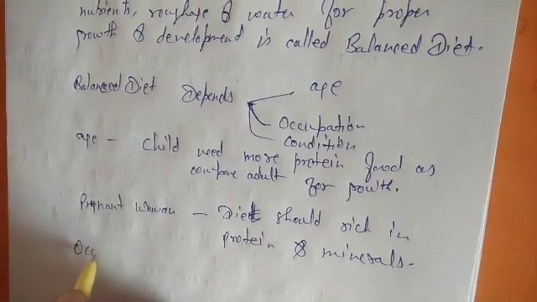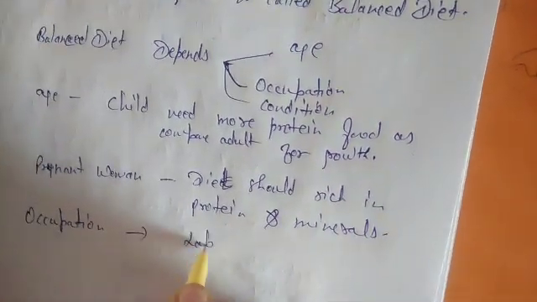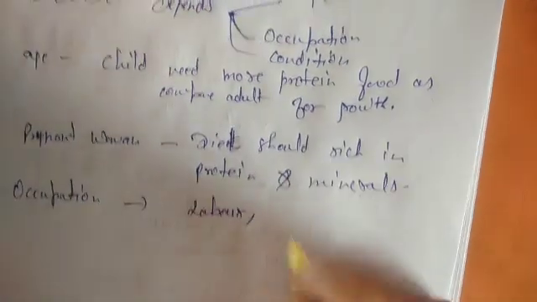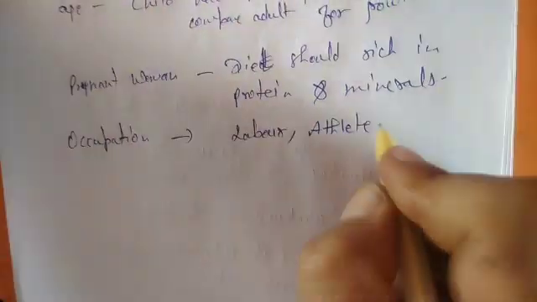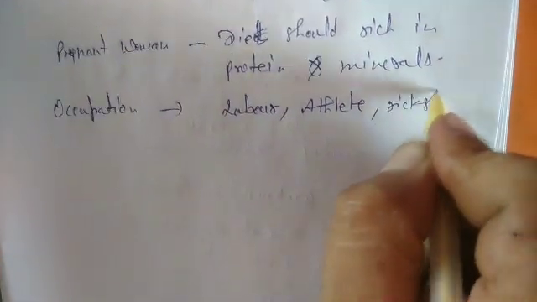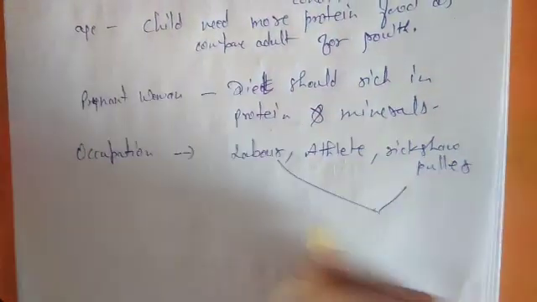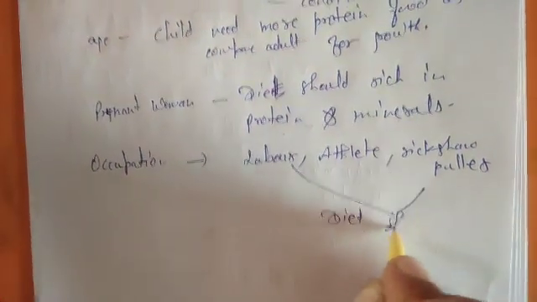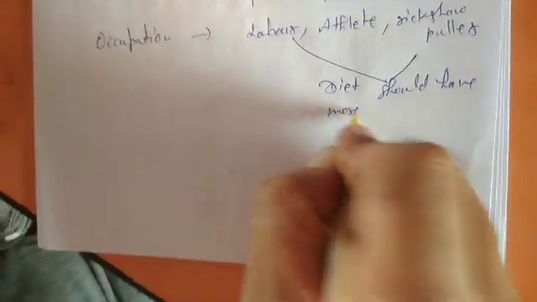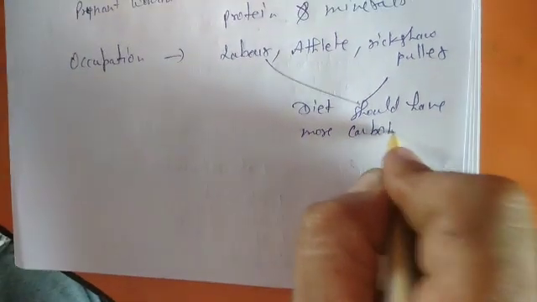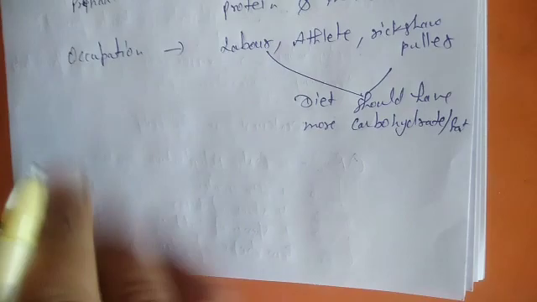Next, occupation as well. How? Like laborers, who do a lot of work, athletes, rickshaw pullers, they need more energy, so their diet should have more carbohydrates or fat.